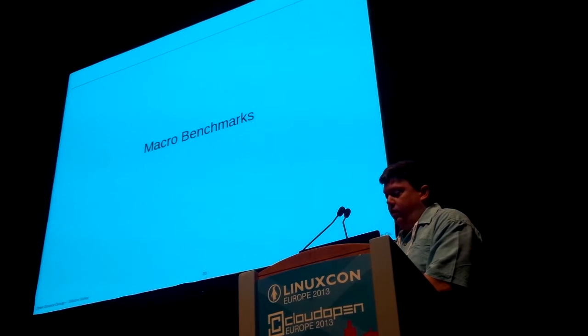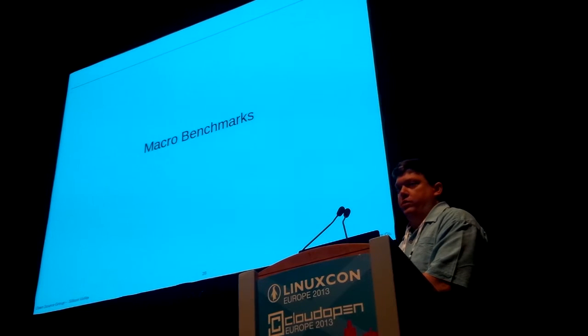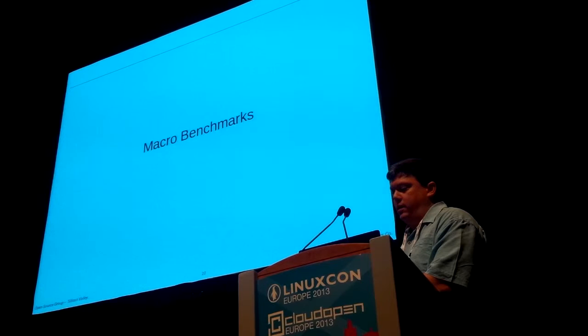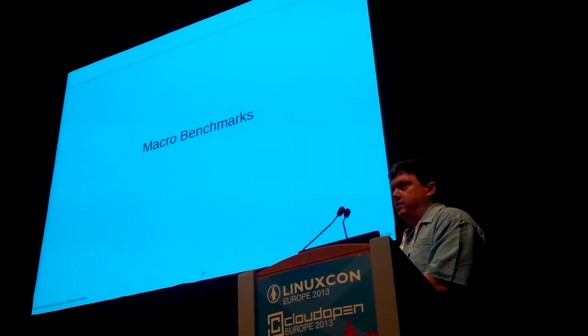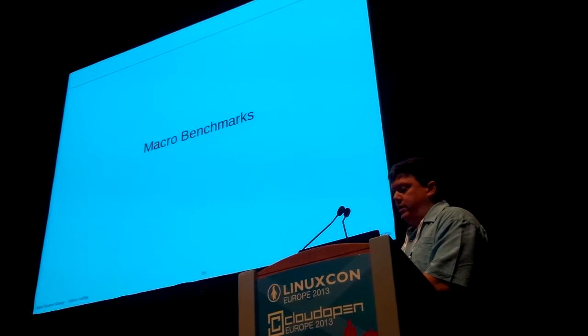All right, now the micro benchmarks are interesting in that they show you specific operations and how they're performing. But that doesn't always translate into real world performance, because if you're rendering a scene, you're doing a lot more than just drawing a line over and over again.